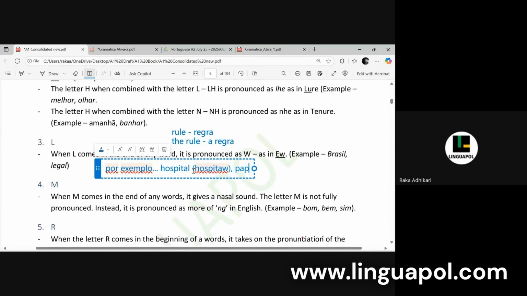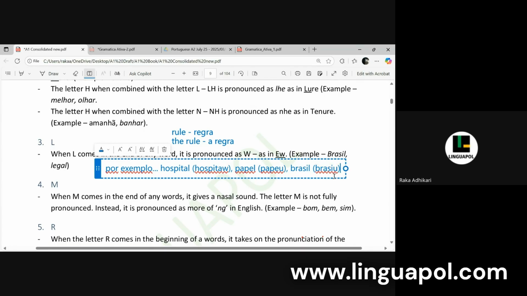Então, papel. So this becomes like papeu. O nome do país, the name of the country Brazil. The Brazilian people will never say Brazil with the L sound. They'll say Braziu. So Brazil becomes Braziu.